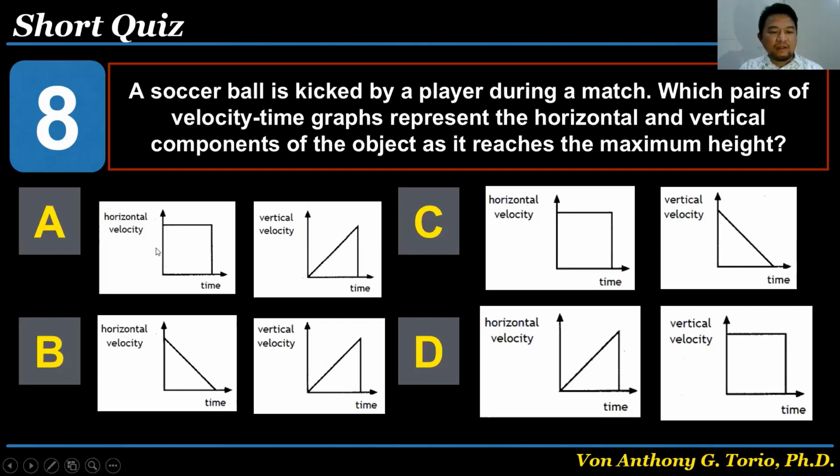That's horizontal velocity versus time. And this is vertical velocity versus time. And letter B, look at the graph. This is again horizontal velocity. And the second graph is vertical velocity versus time. Letter C, or letter D.